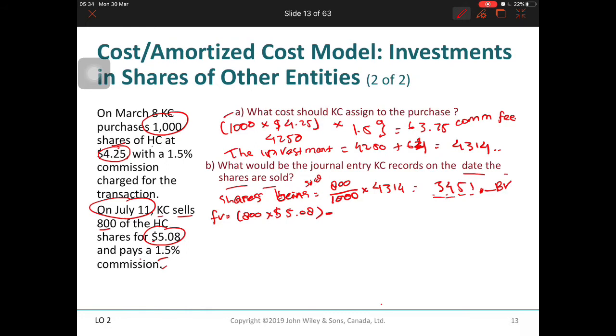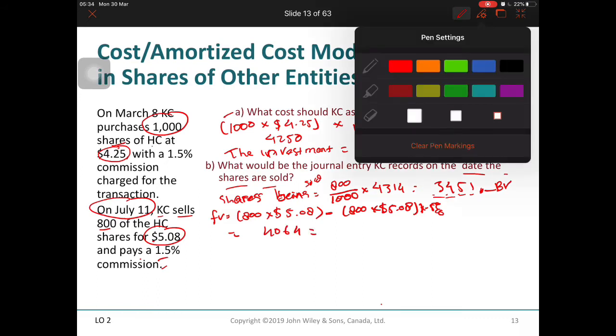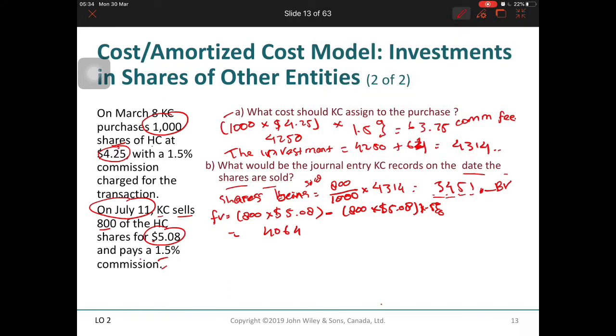But do not forget to subtract the commission of 1.5%, which is 61. So the fair value will be 4,003. The fair value is 4,003 and the book value is 3,451. So you will get a gain, right?